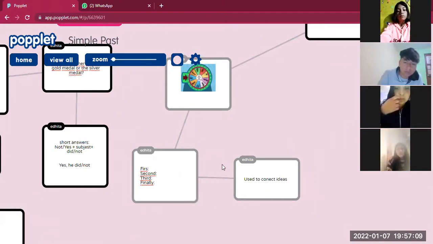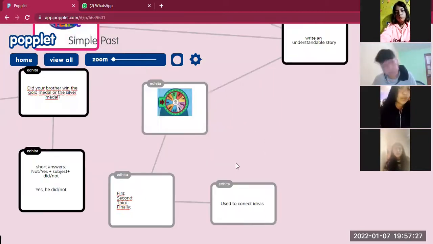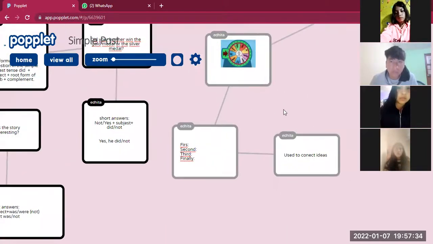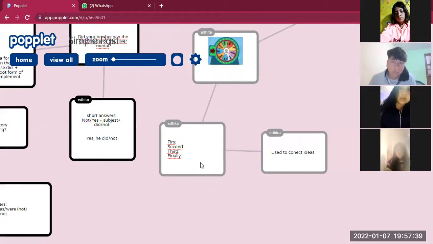I was asking you why these connectors are very important at the time of writing a story. Okay, I am going to tell. These connectors are very important because we use them to connect ideas or to connect sentences.